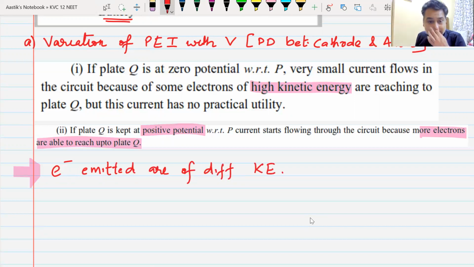Do we understand this? Yes, sir. This is the second observation.